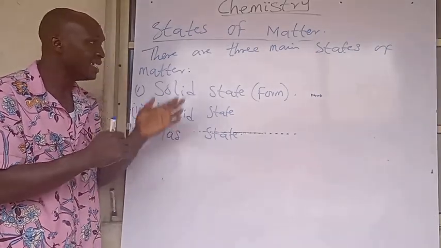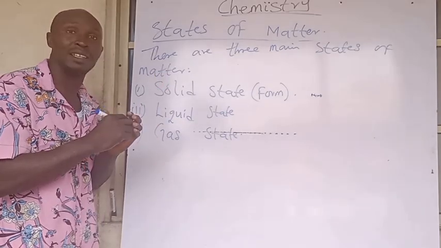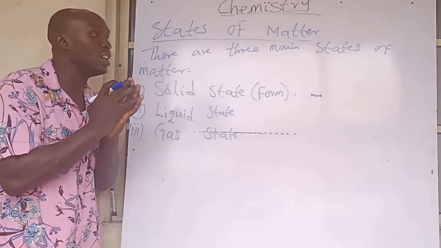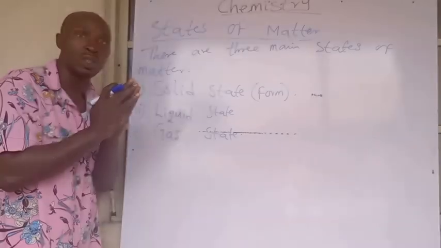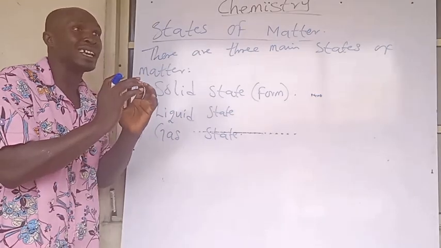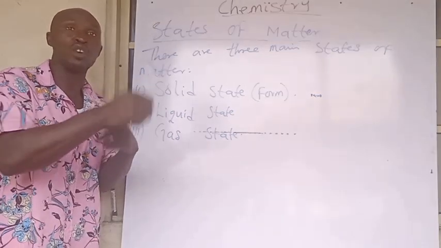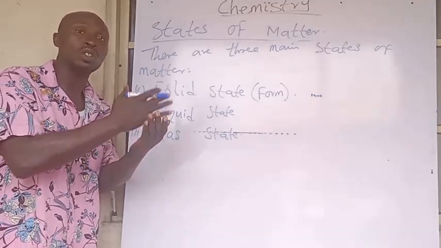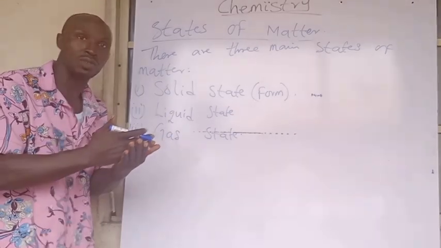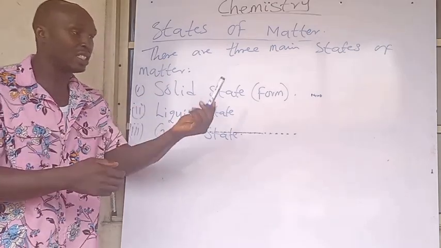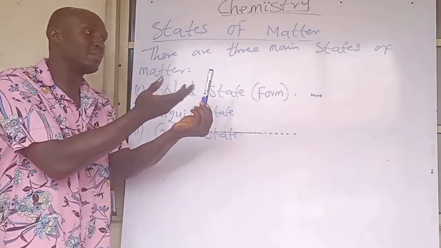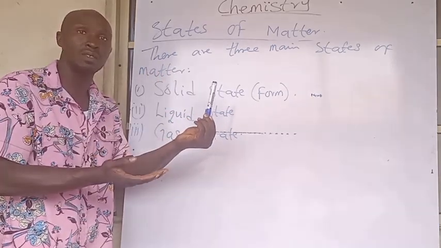Also, a solid matter is one which has a definite shape. This shape can only be altered when a force is applied or when it's being reduced, cut, or broken. Look at this. This is an example. Is this matter solid, liquid, or gas?